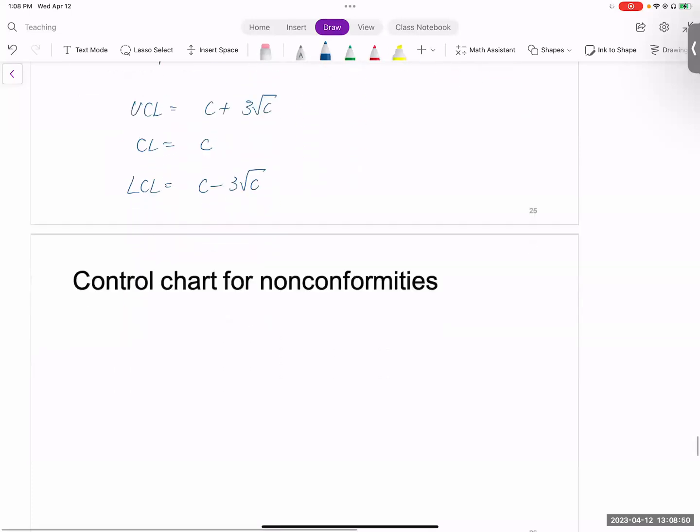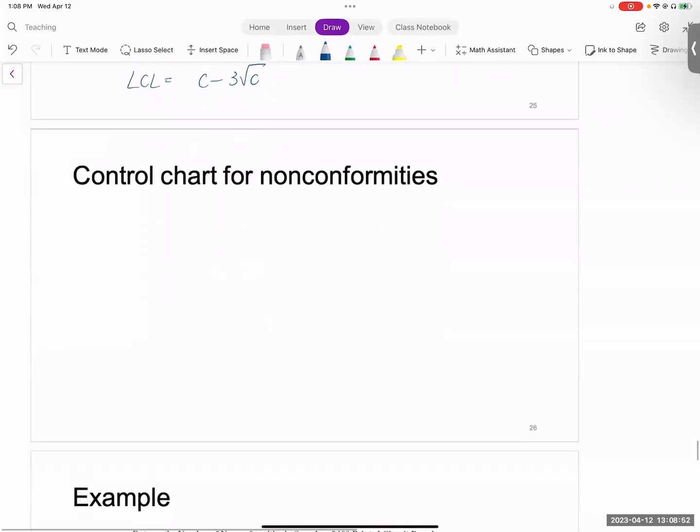And if you don't know C, you can compute it from data, and I'll show an example. C bar is the total number of non-conformities divided by the number of samples.